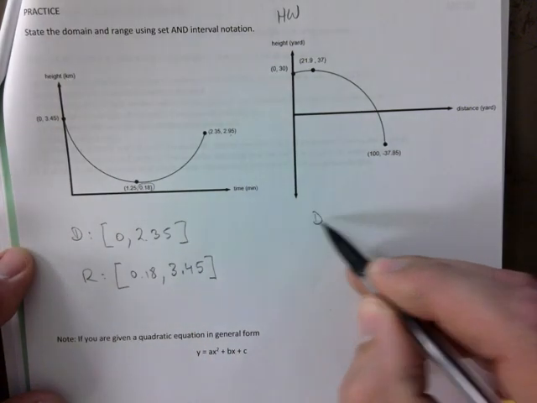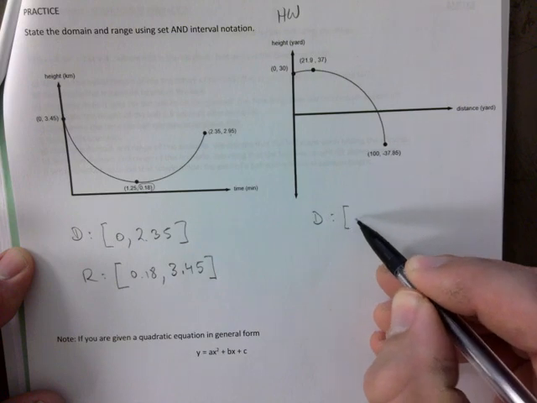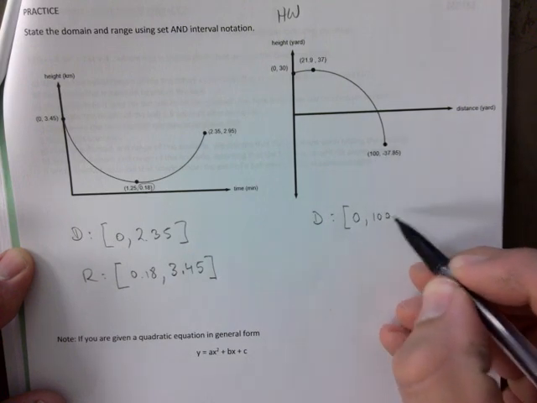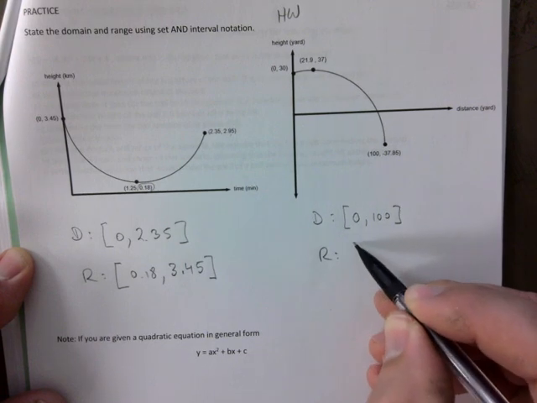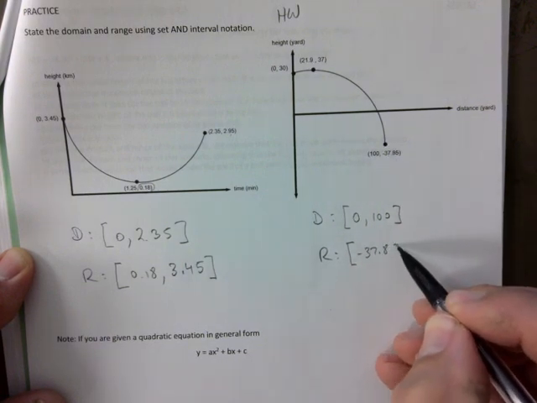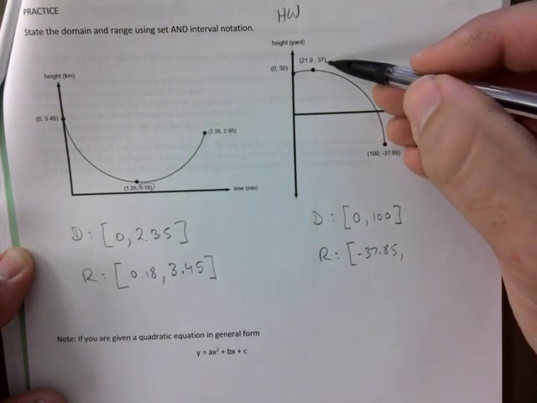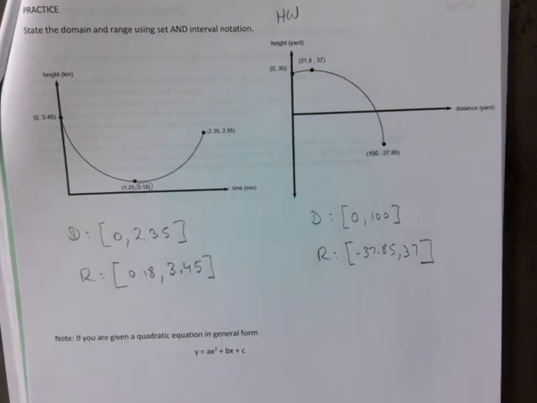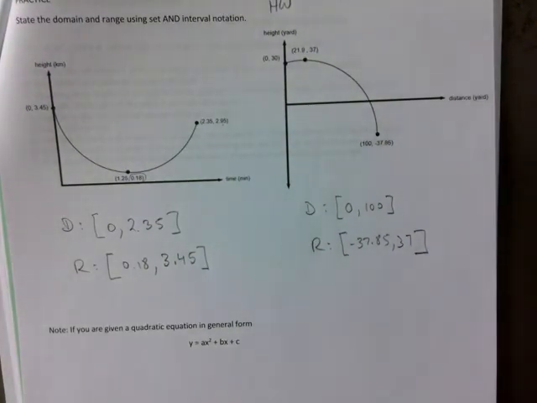And here, domain is 0 to 100. And range is negative 37.85 all the way to the highest point, which is 37. Bingo.